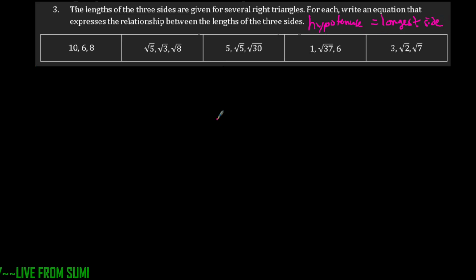So let's say this length is going to be equal to c. We have square root of 30 is the longest side. We have square root of 37 as the longest side. And for this one, 3 is going to be the longest side. So now that we have those, we can write our equations like this.